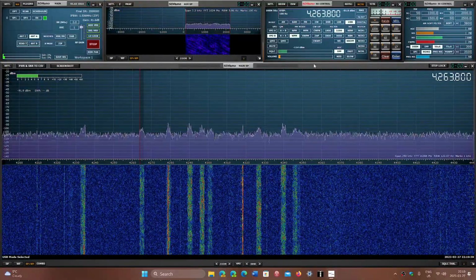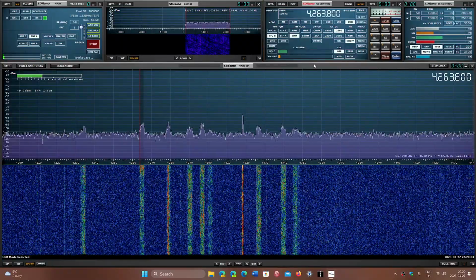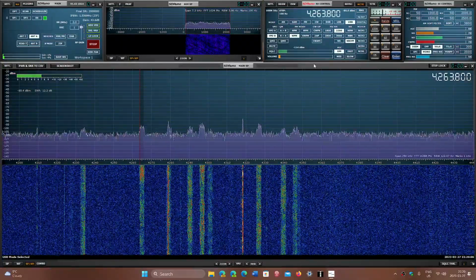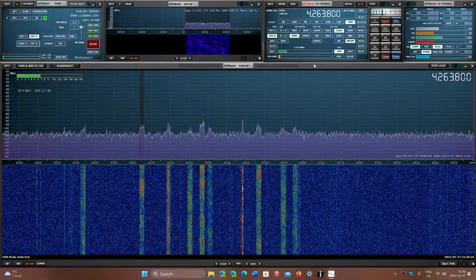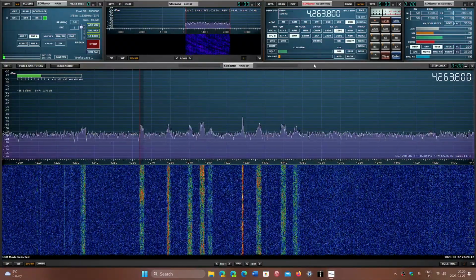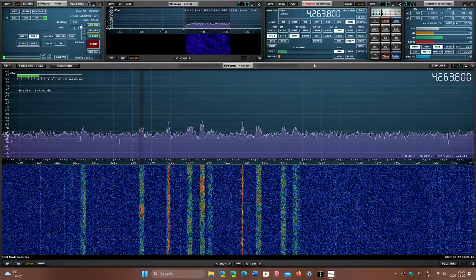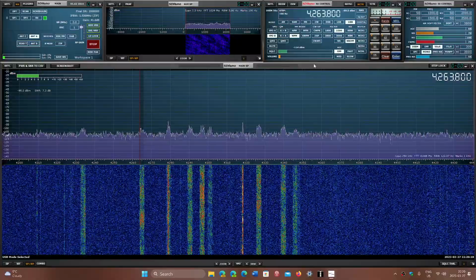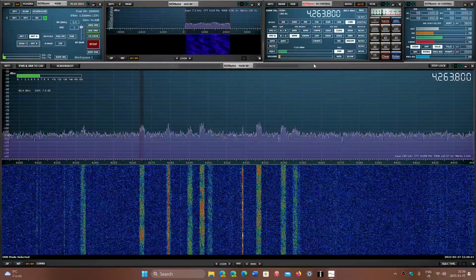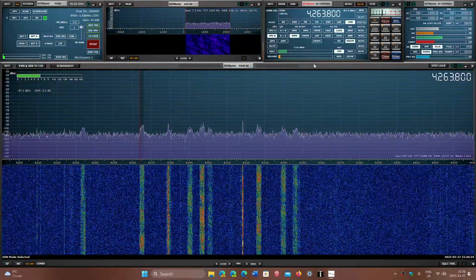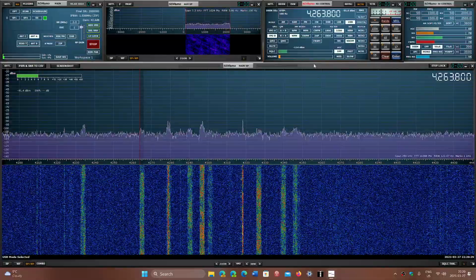MultiPSK is one of the different software programs that has modes of STANAG that you can try to decode. All the different types of signal sound slightly different. Some sound richer or faster. Some have what we call HF message transfer protocols, and there's a lot of information that can be sent with the different baud rates or speeds, depending on the type of STANAG that you get.